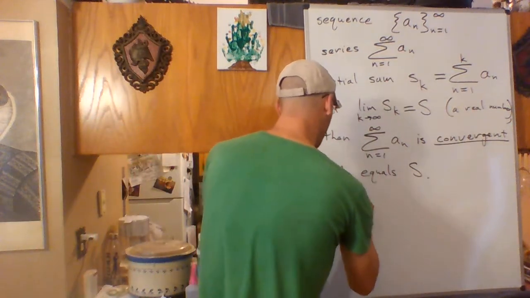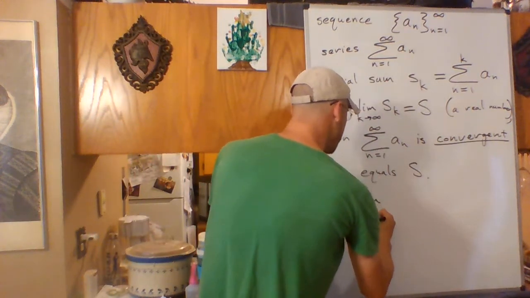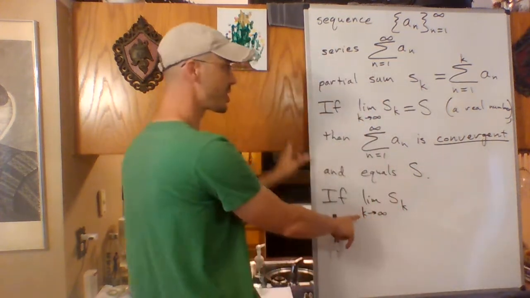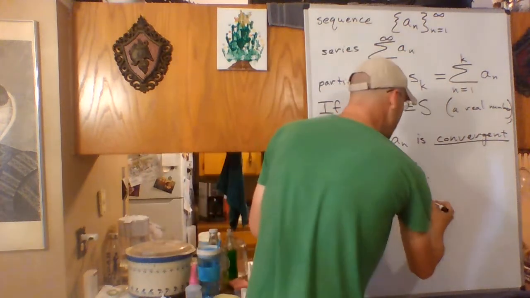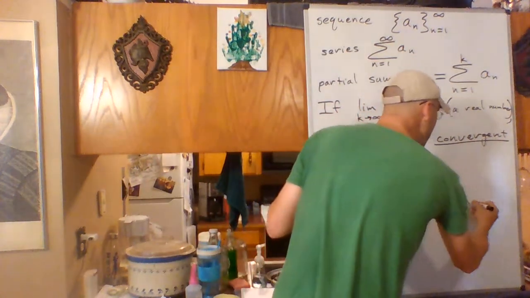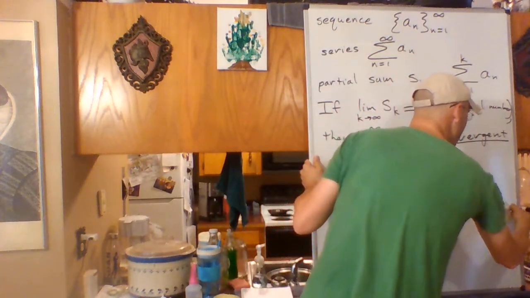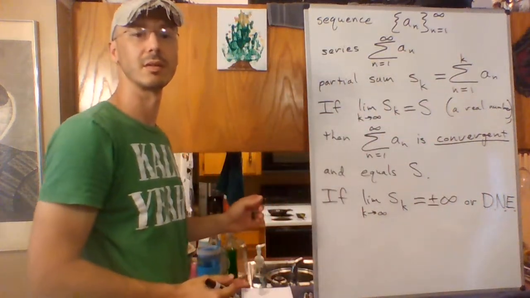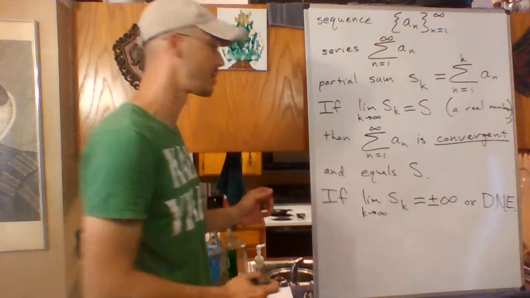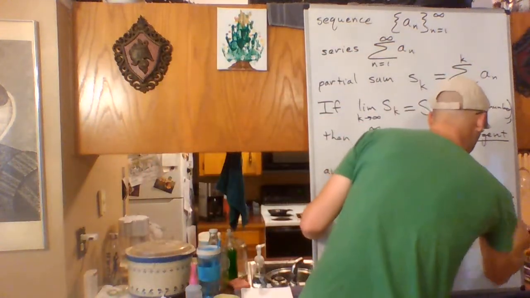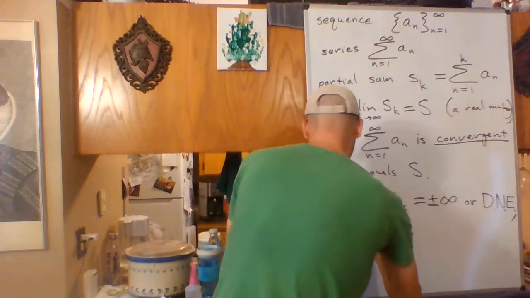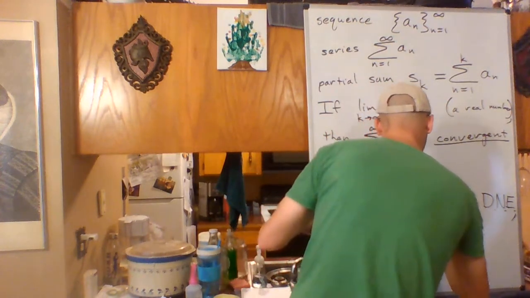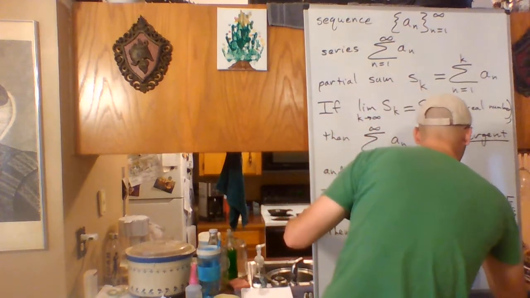If the limit as k goes to infinity of s_k, the limit of the partial sums, equals plus or minus infinity, or doesn't exist, then the series is divergent.